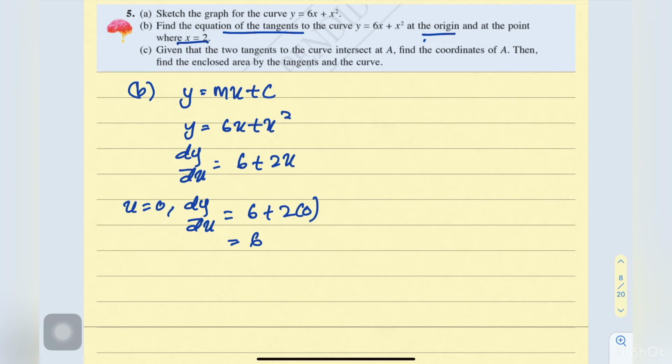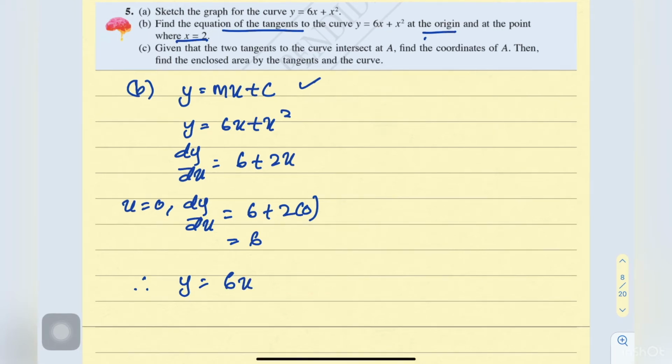So at the origin, the y-intercept is 0. So therefore, the first equation is y equals 6x plus 0. Then for the second one, where x equals 2, we have another equation of tangent.